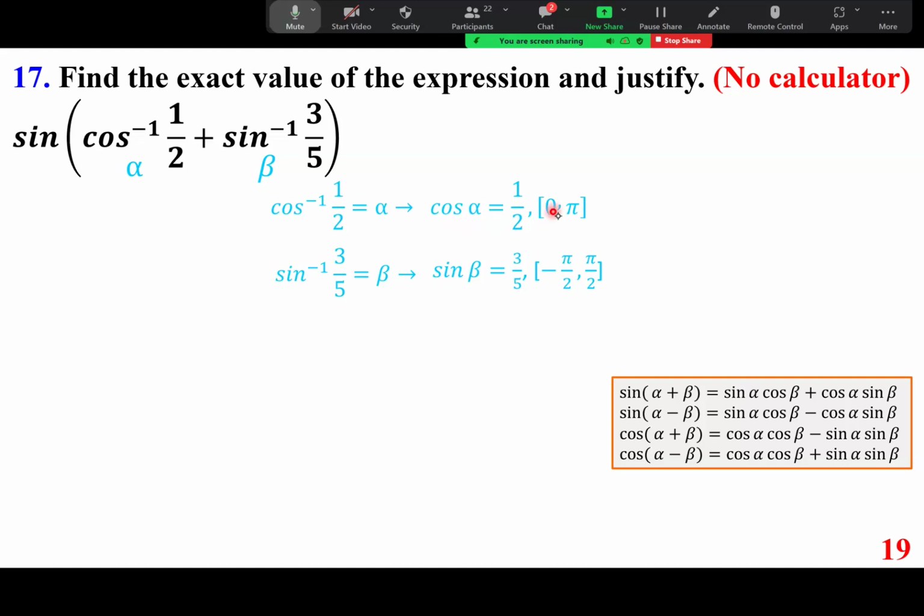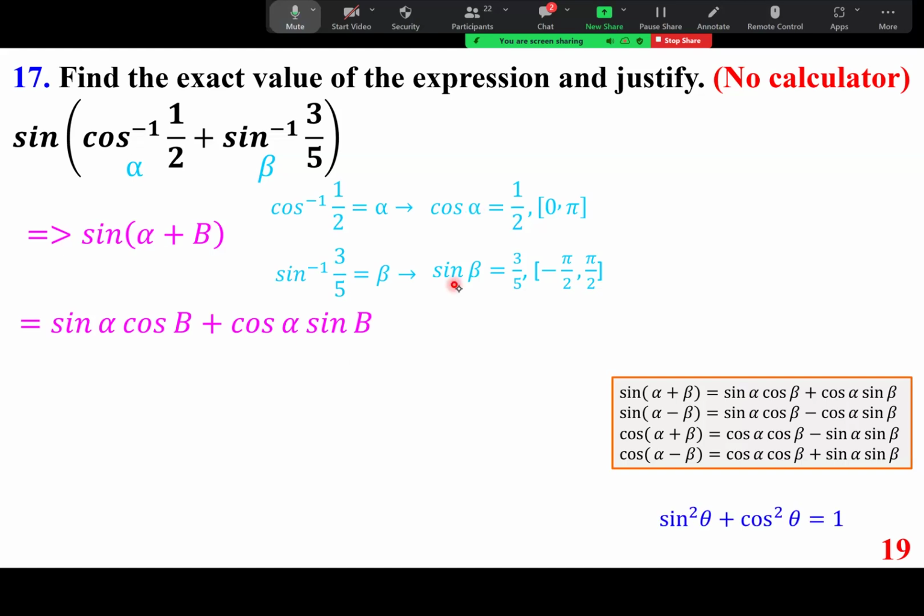And since sine squared plus cosine squared equals 1, we're going to use that. The formula is sine alpha cosine beta plus cosine alpha sine beta. We need to find from cosine alpha, sine alpha, and from sine beta, cosine beta.